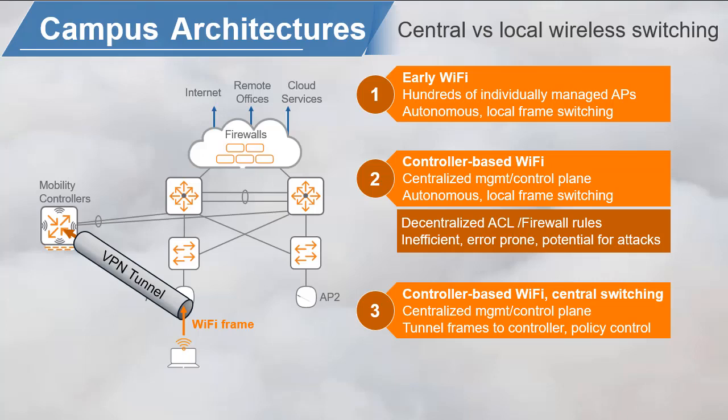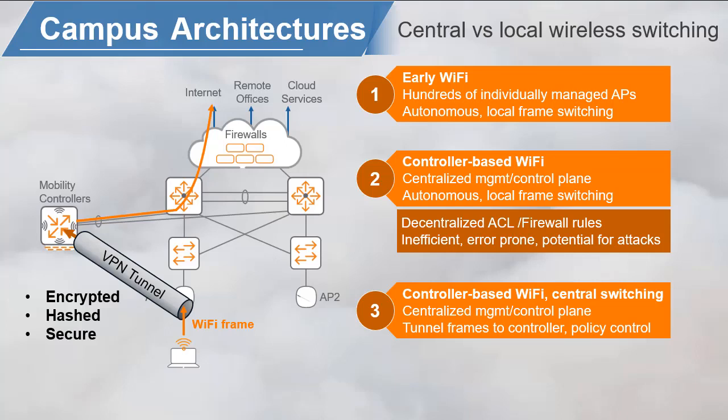And remember, this is all inside an encrypted, hashed VPN tunnel, which minimizes potential attack vectors for things like reconnaissance and data theft. Now, the controller then forwards traffic to the destination. This centralized policy and control eliminates those inefficiencies of decentralized access lists and tightens up your security stance.